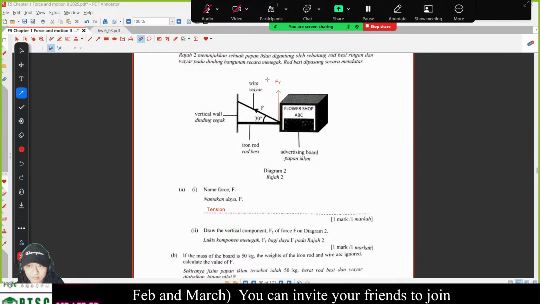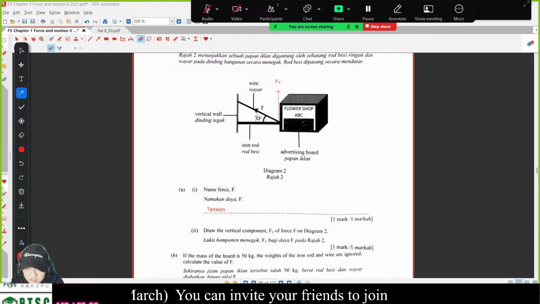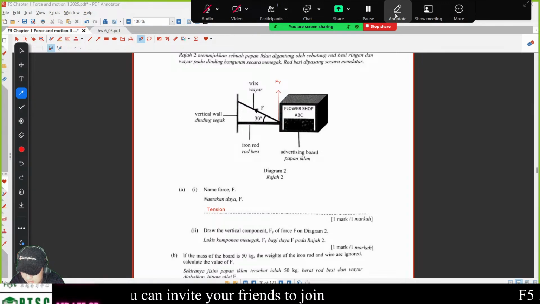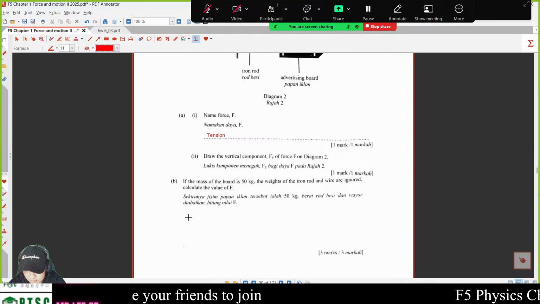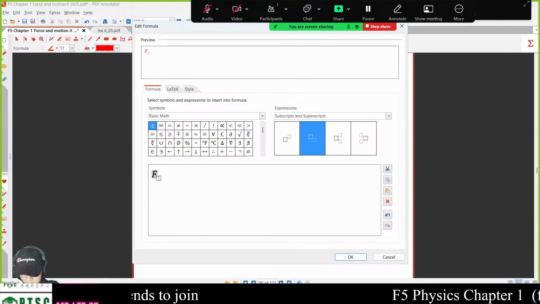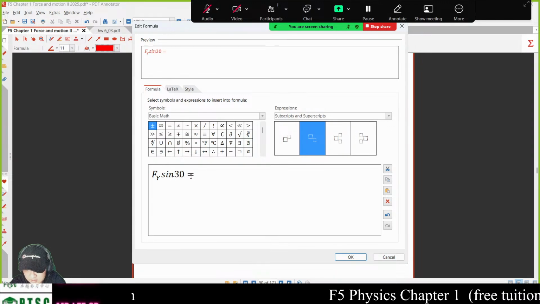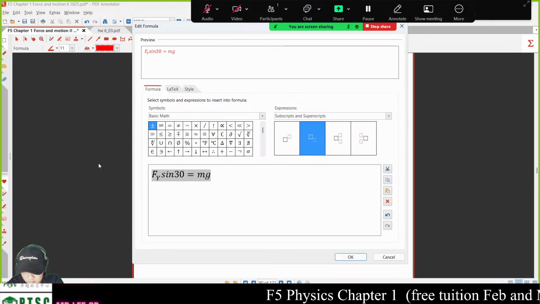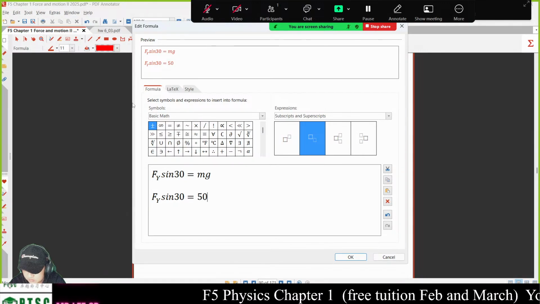Fy sine 30. Why not touching 30? Fy sine 30 is equal to the weight. Fy sine 30 is equal to the weight, 50 mg, where m is 50 and g is 9.81.